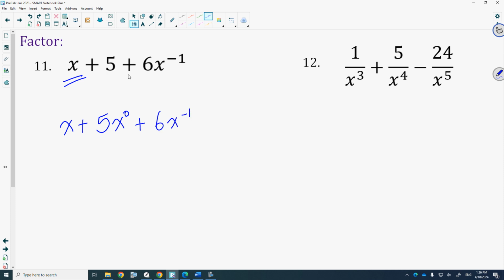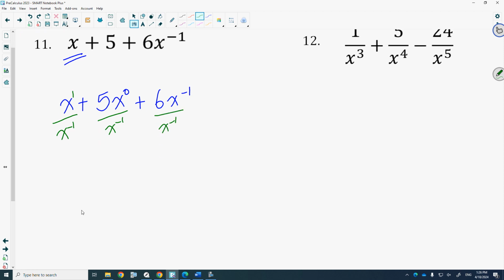Now I've got x in all three terms, and now I could factor out an x. You factor out the x with the smallest exponent, which is going to be an x to the negative 1. That will be my GCF. So x to the negative 1, x to the negative 1, x to the negative 1. Okay, so that gets factored out.